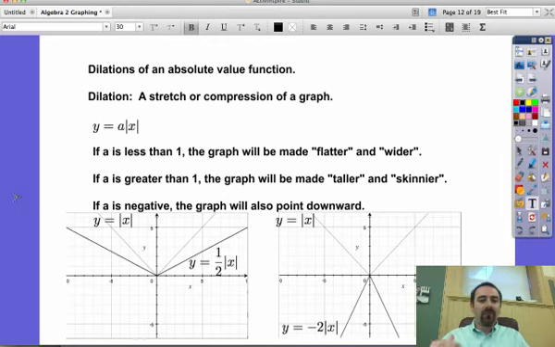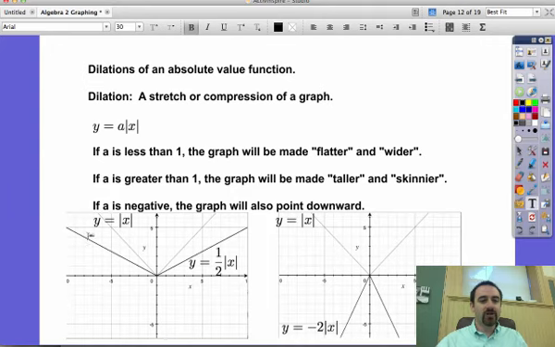And if a is negative, the graph will also be pointed downwards rather than upwards. If it's less than negative 1, then it gets taller and skinnier. And if it's negative but closer to 0, then it's going to get flatter and wider.